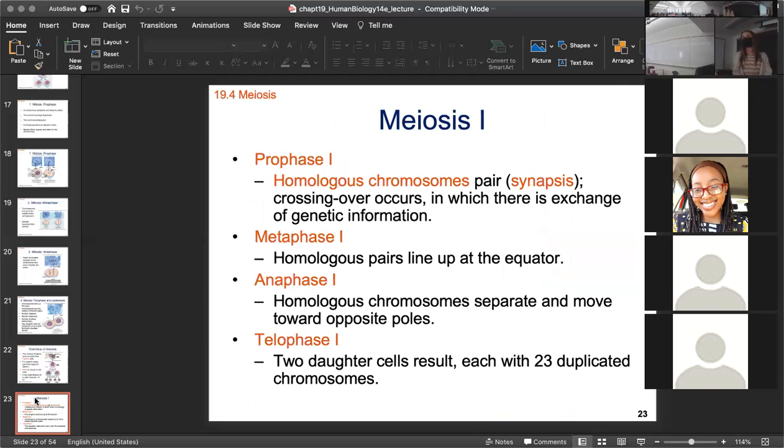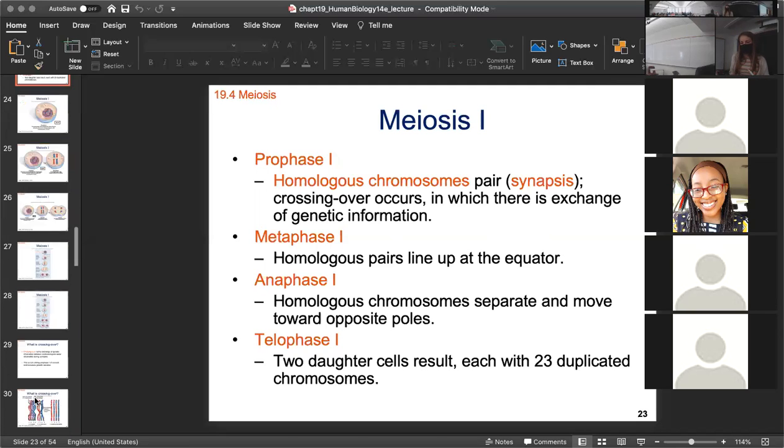Okay, so meiosis, here's some steps. If you remember from the mitosis, we got the same names. This is super helpful. We got prophase, metaphase, anaphase, and telophase. Okay, the homologous chromosomes. Then also there's this thing called crossing over. Do you see that up there? Crossing over occurs. What is crossing over?